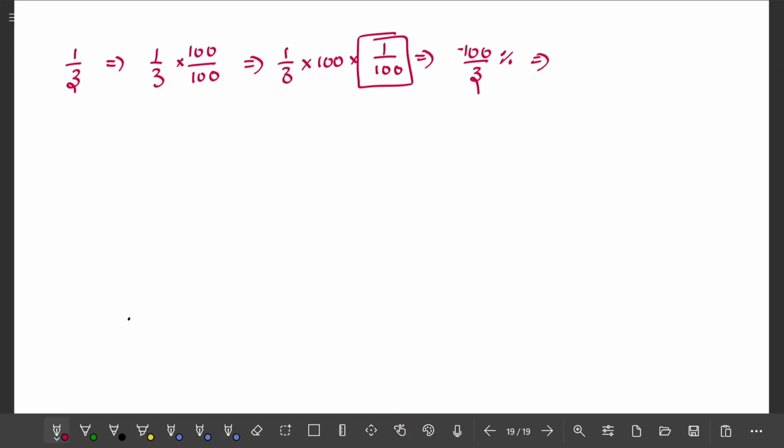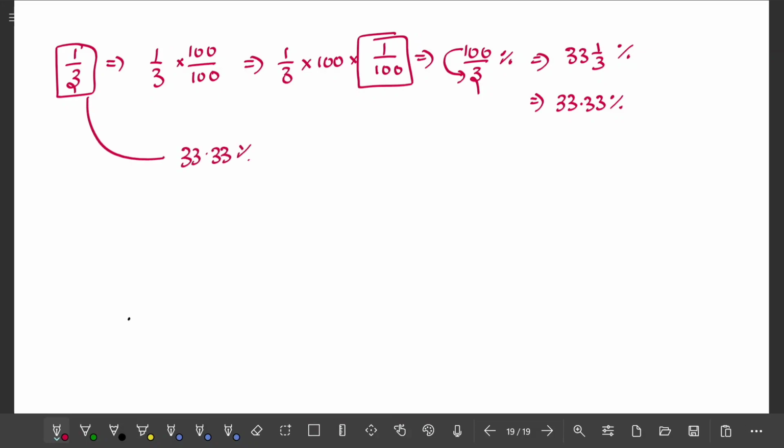Now when 100 is divided by 3, what does it give us? 33 1 by 3, and next to it we have percent. And this also can be represented in decimal, 33.33, because 1 by 3 is nothing but 0.33 and percent. Now simply, wherever I get to see 1 by 3, I can directly replace it with this value, 33.33%. Clear?